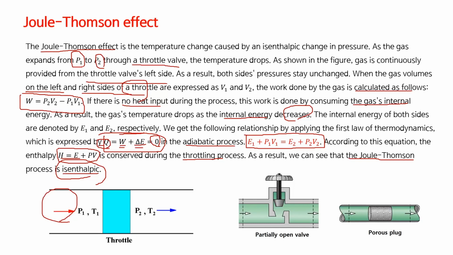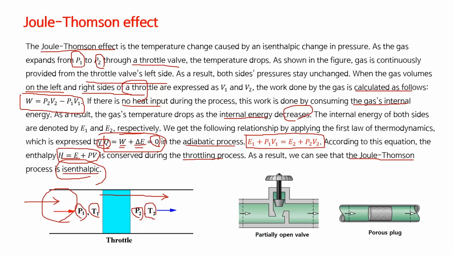So gas is continuously supplied from left, and these gases are penetrated through the throttle. So at this side, pressure is P1, and here P2, and temperature T1 and T2 is here.